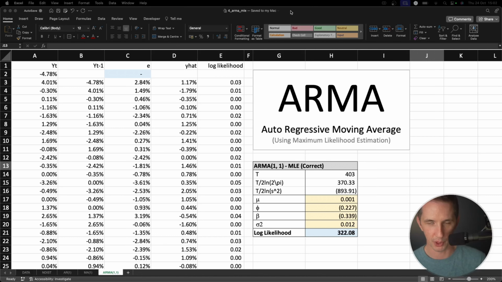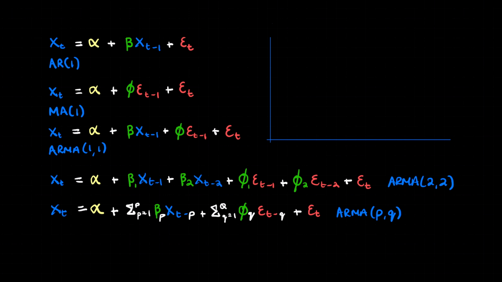Just to pause here for a minute, if you've heard of an ARIMA process, the I stands for integrated. And we'll talk about that a little bit later when we get into stationarity and co-integration and things like that. But it's very straightforward. It just means differencing whatever data I've got here until that data becomes basically stationary.